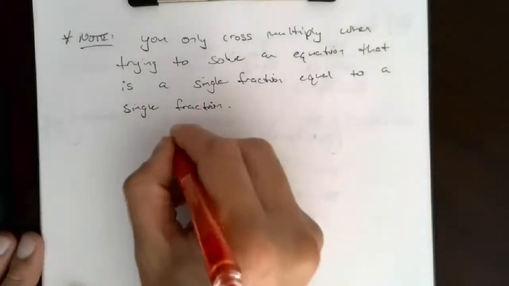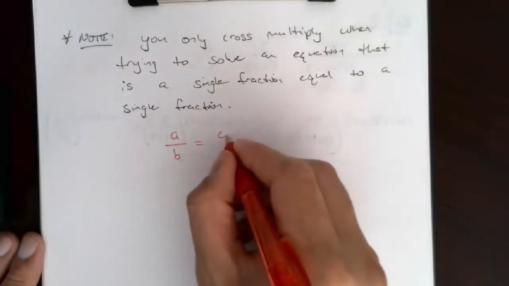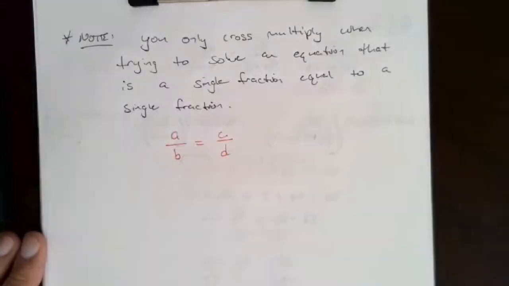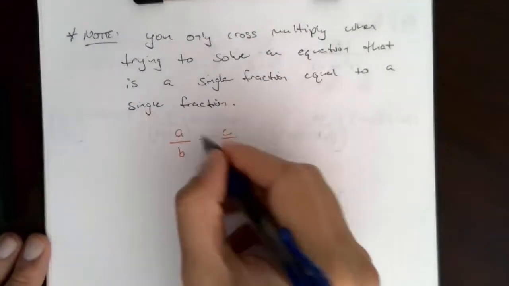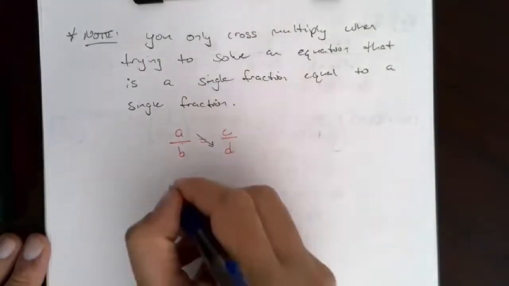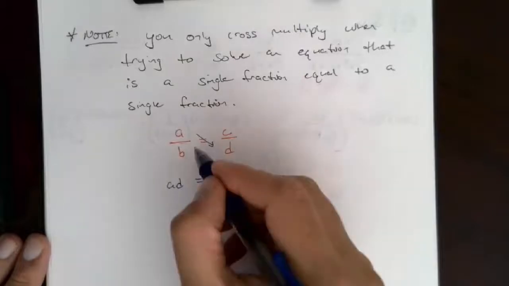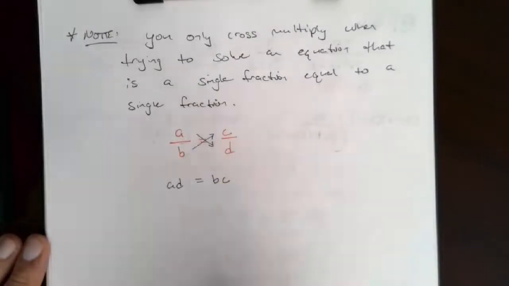So if I was to say I had a over b, just in general, is equal to some other fraction, c over d, what cross multiplying allows you to do is it says, okay, I can go down this cross and say, okay, I have a times d, and that's equal to going up the other cross, b times c. And the idea is that fractions are gone.